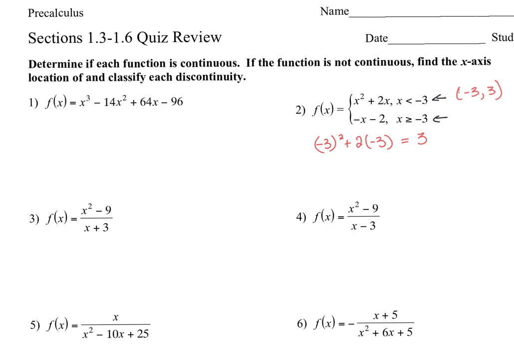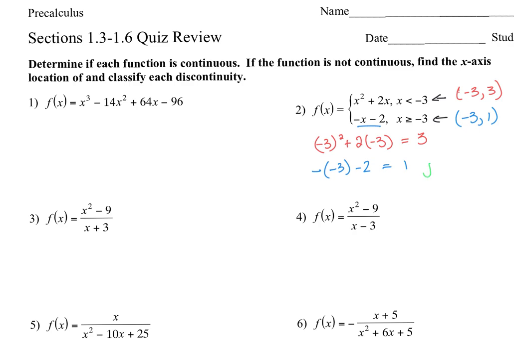So we're going to do that to the second one. We're going to plug -3 in here. -3 minus 2. Well, that's +3 minus 2, which is 1. So this point is going to be at (-3, 1). It jumps. So on this graph, the left side is moving towards 3. When you get there, it jumps to 1, right? So this is discontinuous, and it is exactly what it sounds like.